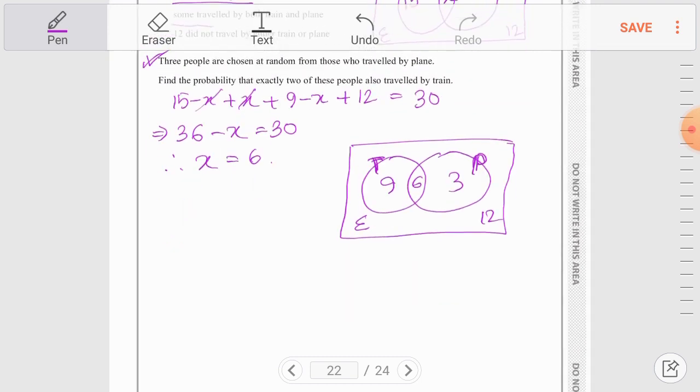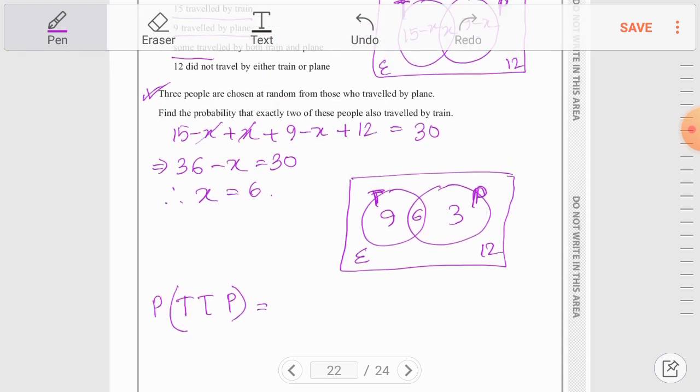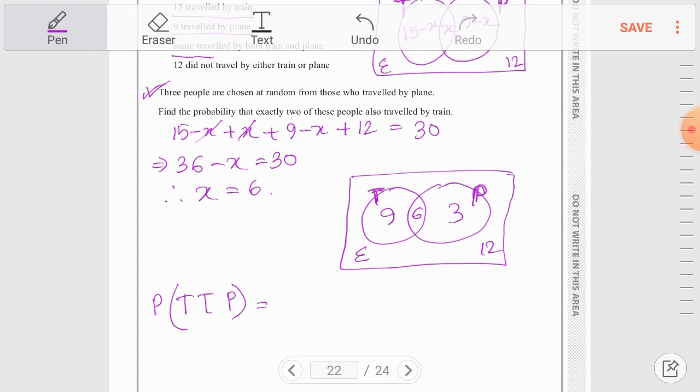So in order to do that, we need to find the probability of the first one traveling by train and plane also. The second one would be both train and plane, and the third person that was chosen only traveled by plane and not by train. So the probability would be train, plane. The first person chosen out of the 3 people, chosen from plane, has also traveled by train.